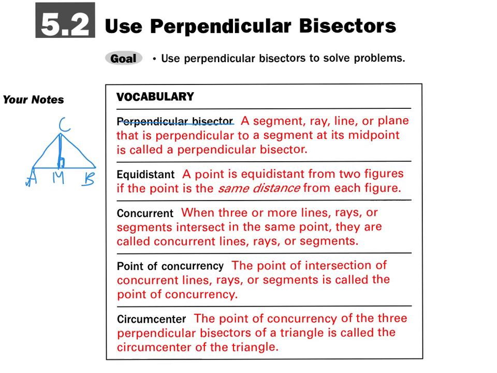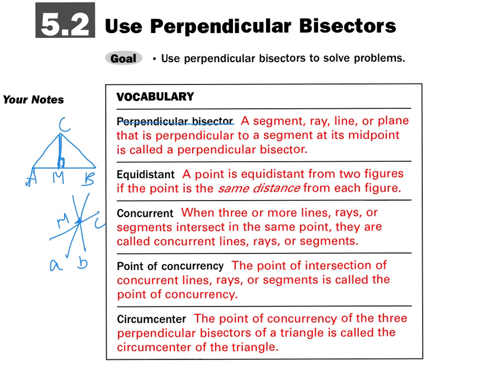Concurrent is something like this. If I have three lines or four lines that meet at the same point, that intersect at the same point, I can say lines A, B, and C intersect at point M, and they are concurrent.